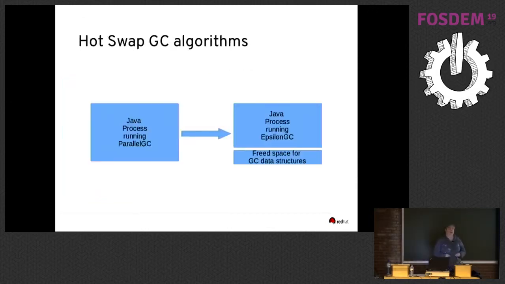Okay, so I'm a GC weenie, right? I've worked on a lot of garbage collectors. So I see this, and the first thing I see is a GC optimization that we can do. You have your Java process, you're building up all of your data structures, you're running parallel GC, and you're getting rid of stuff. But then it's time to checkpoint it. And hey, wouldn't it be cool if we got rid of parallel GC and put in Epsilon GC, the do-nothing garbage collector.